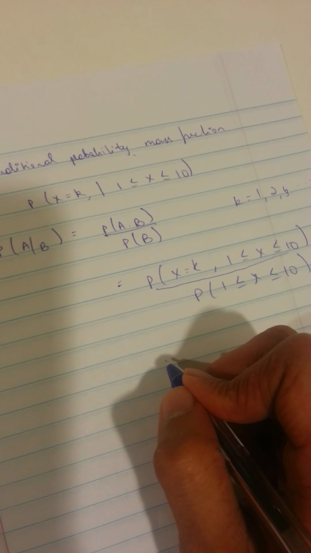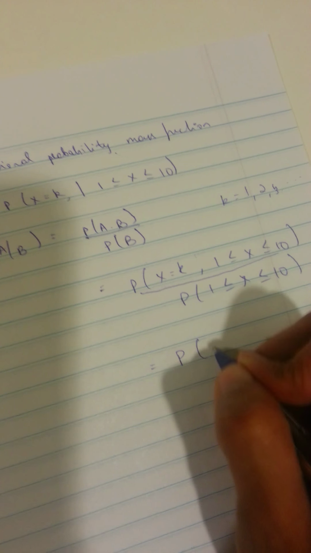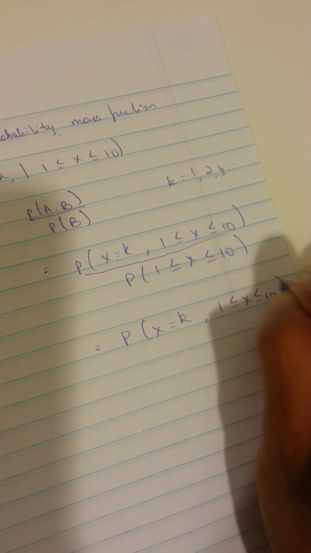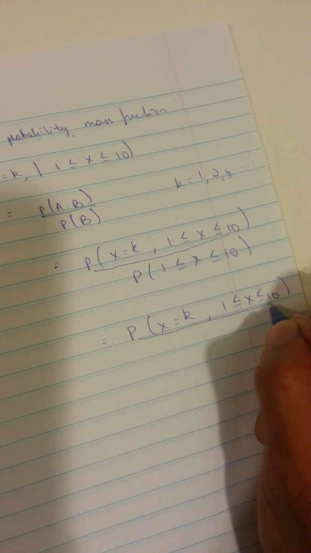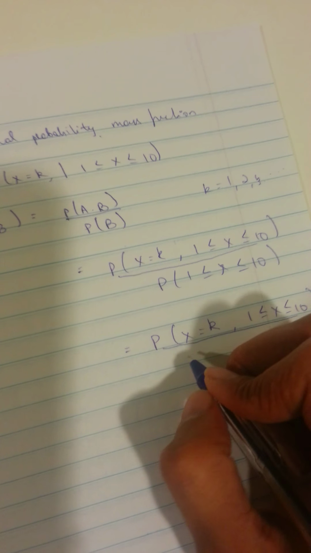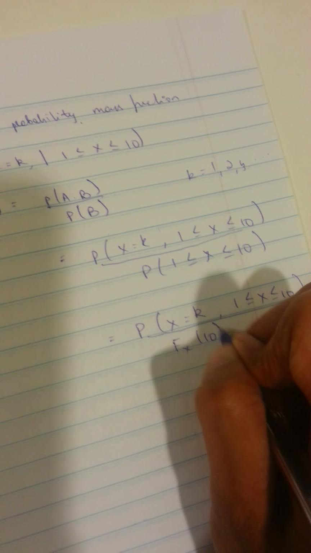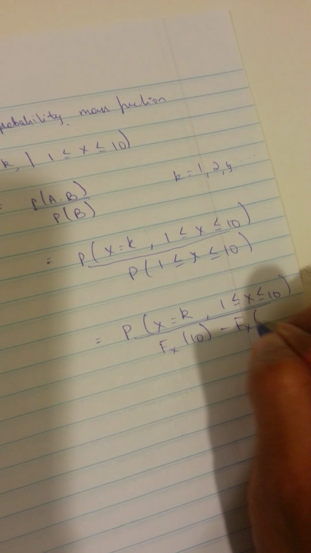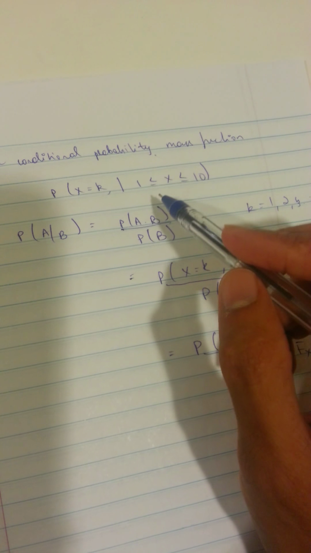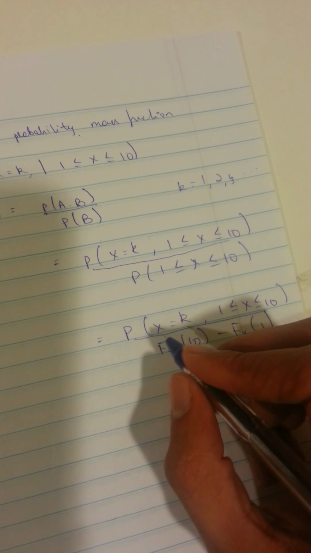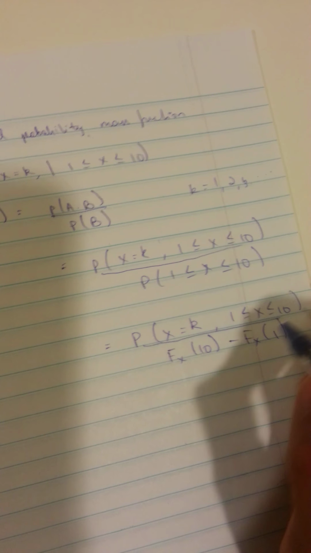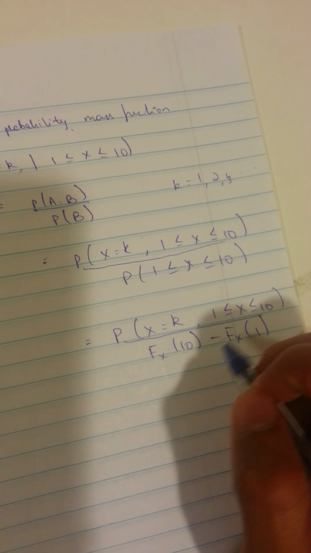So if we just apply this, we get probability of X equal to k with 1 less than or equal to X less than or equal to 10 divided by, applying the formula that F X of x is equal to probability of X less than or equal to x, F X of 10 minus F X of 1. So using this formula, we get P of X is equal to k, given that 1 less than or equal to X less than or equal to 10, we get probability of X equal to k intersection with 1 less than or equal to X less than or equal to 10 divided by F X of 10 minus F X of 1.